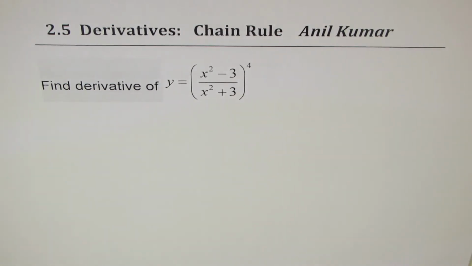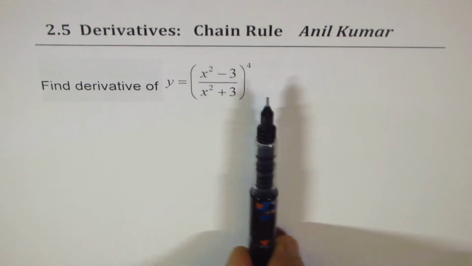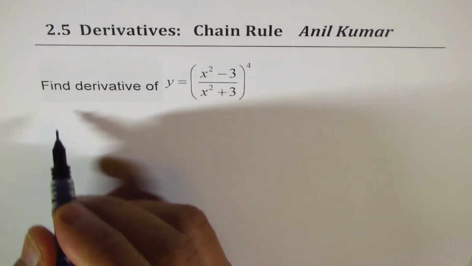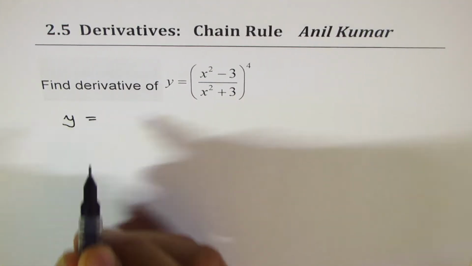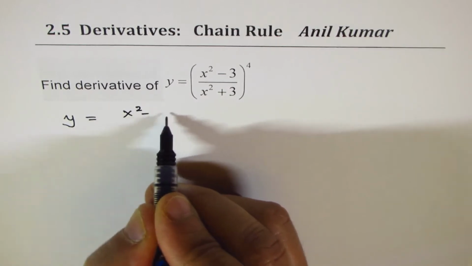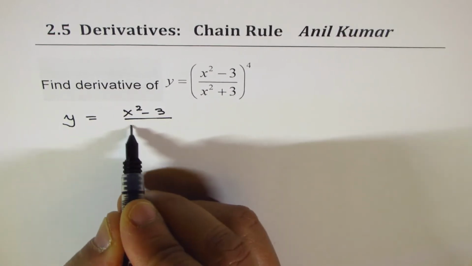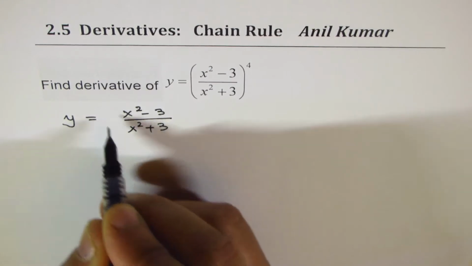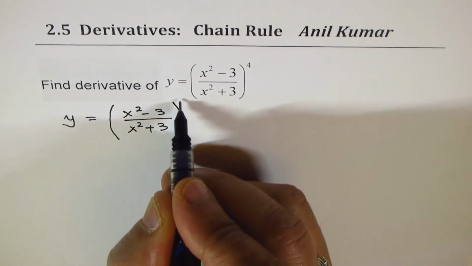Okay, so here is another one where we have kind of a power rule and chain rule combination. So what we are given here is the function y equals x squared minus 3 over x squared plus 3, all to the power of 4.